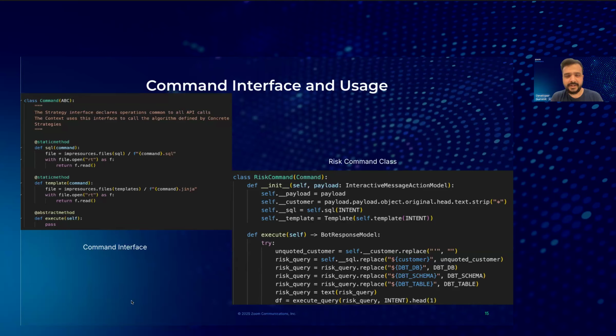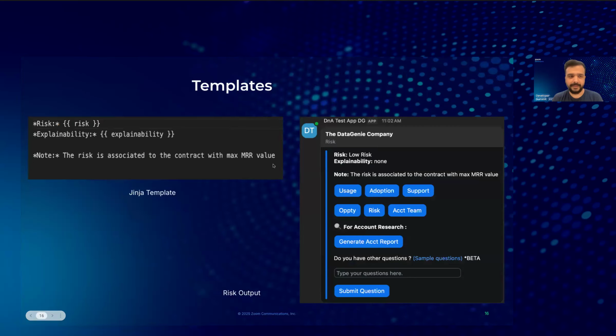These are essentially two different files. You can think of each new feature like usage, adoption, risk, opportunity. Each of them has its own SQL file, so correspondingly they will execute, and each of them will have its own template. In the next slide, we'll look at what this template file looks like.